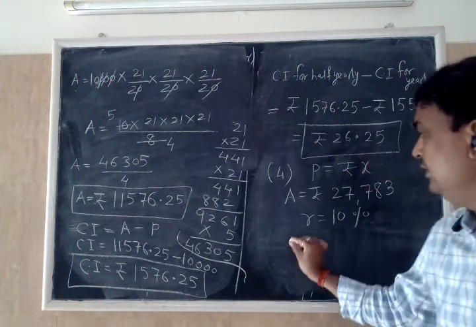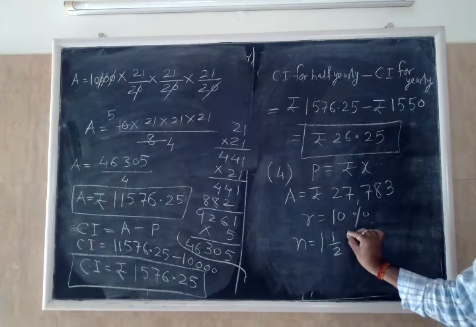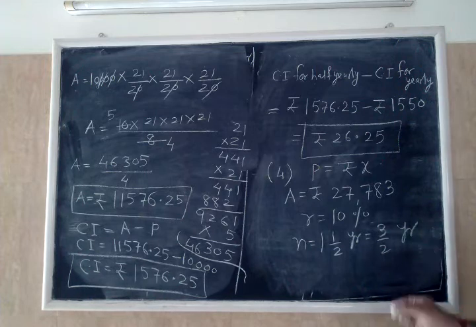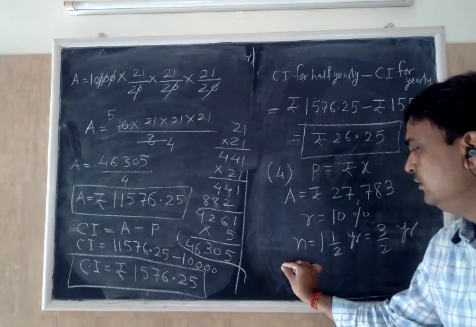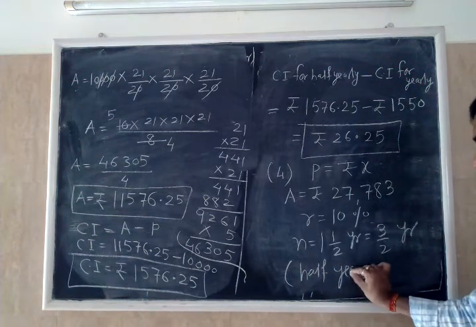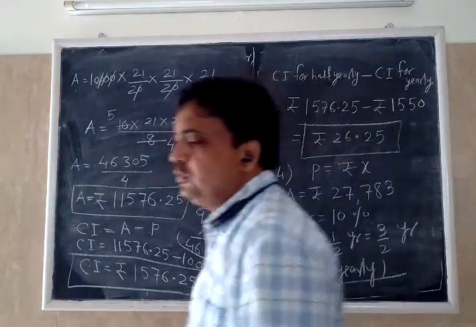Duration is 1.5 years, which means 3/2 years. And it is the problem of half yearly. That you remember. So for half yearly we directly use the formula raised to 2n.